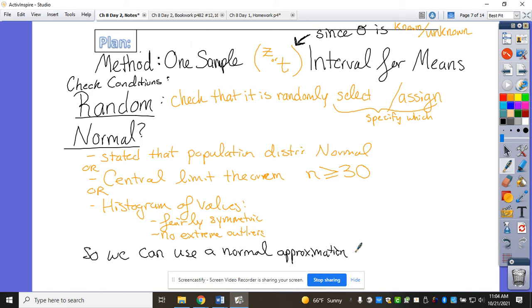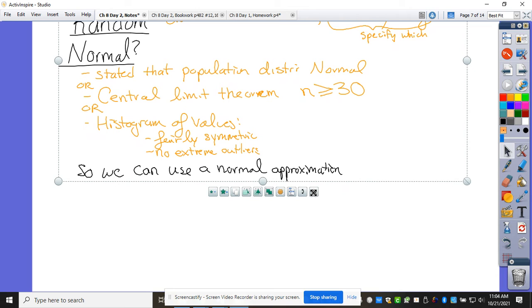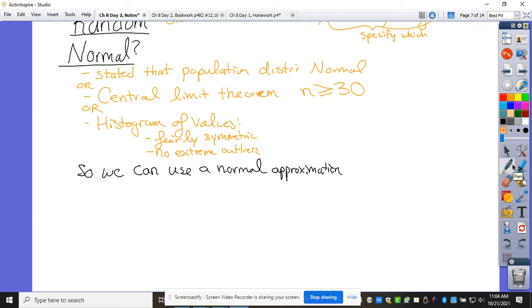10% condition, and we are still using that. If you need to write like off to the right or whatever, you can. But now we call it independent. But all independent is checking the 10% condition.